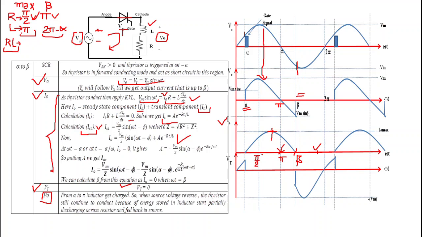But from pi to beta, V naught is negative and I naught is positive. So we get output power P naught that is negative. Negative power means the flow of power from load to source. So here we get positive and negative power from alpha to beta. From alpha to pi we get positive power, from pi to beta we get negative power.